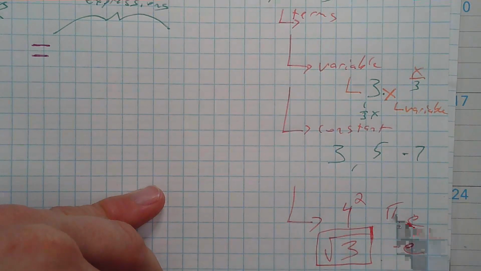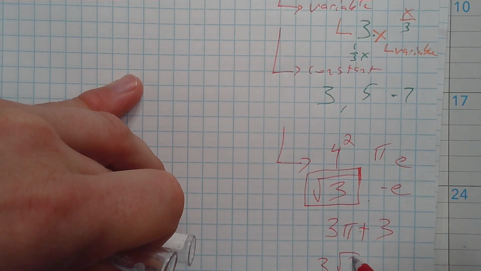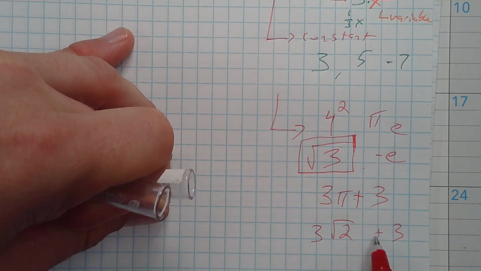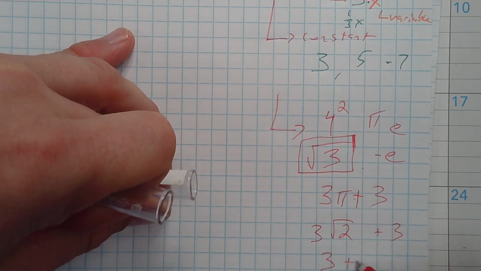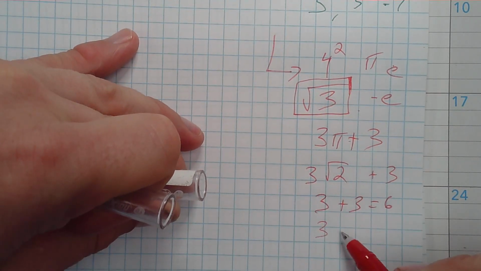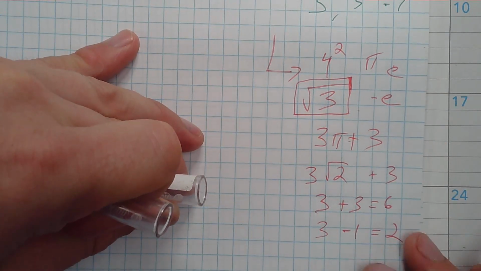If you had 3 times pi, you couldn't add that to just a 3, and you couldn't add the square root of 2 to a 3, because those aren't what we call like terms. But you could combine a 3 plus a 3 to make 6, and a 3 and a -1 to make 2. Those are how you combine the constants.